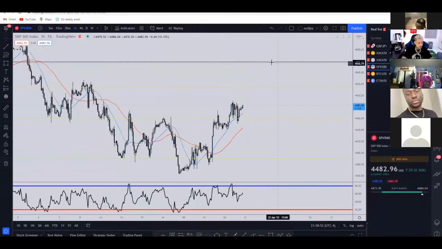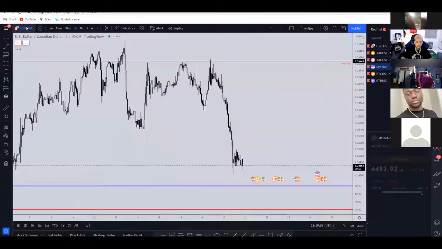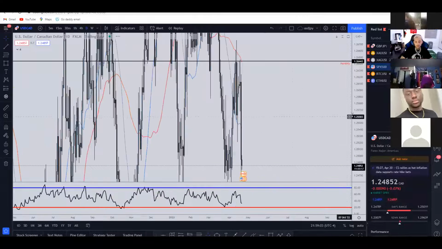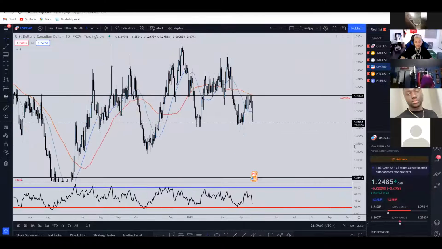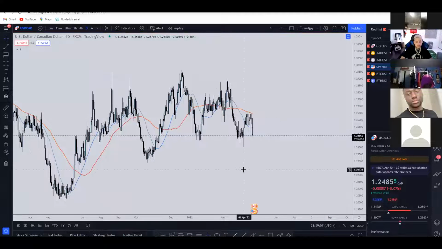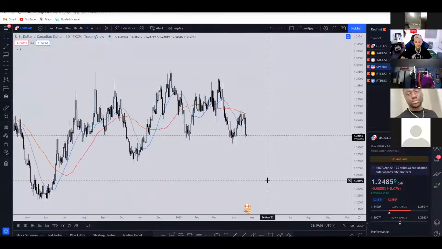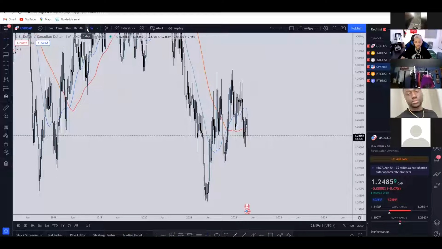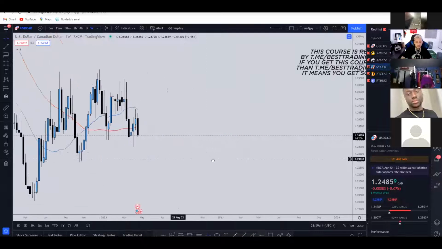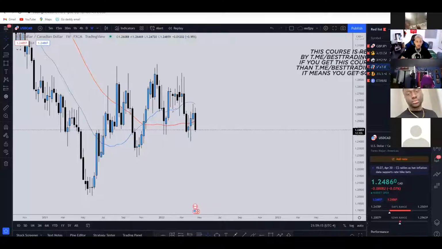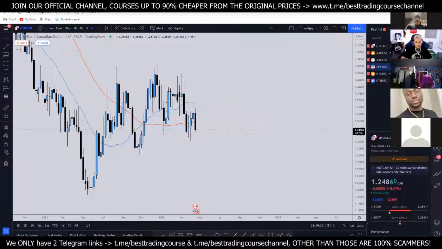Yo, Raul. Can you break down USD CAD? Sure. Looking at USD CAD on the weekly time frame, clearly there seems to be a shift in momentum because price is consolidating here overall, but you do have weekly support here.